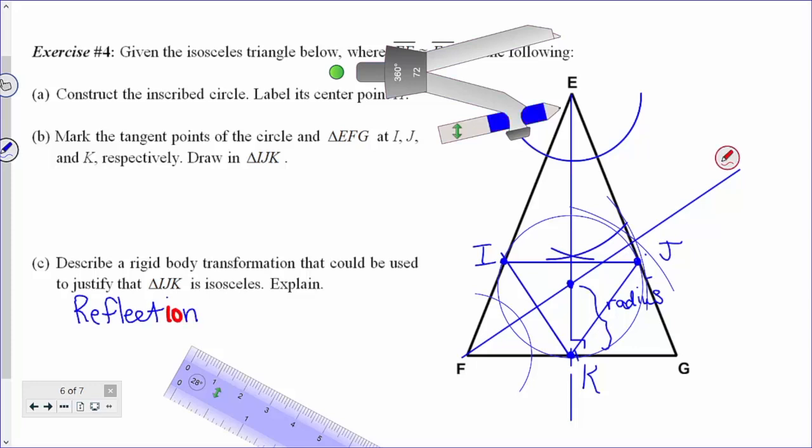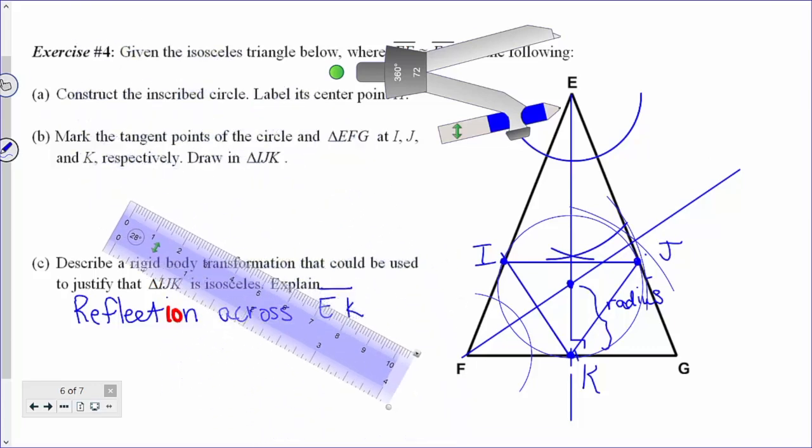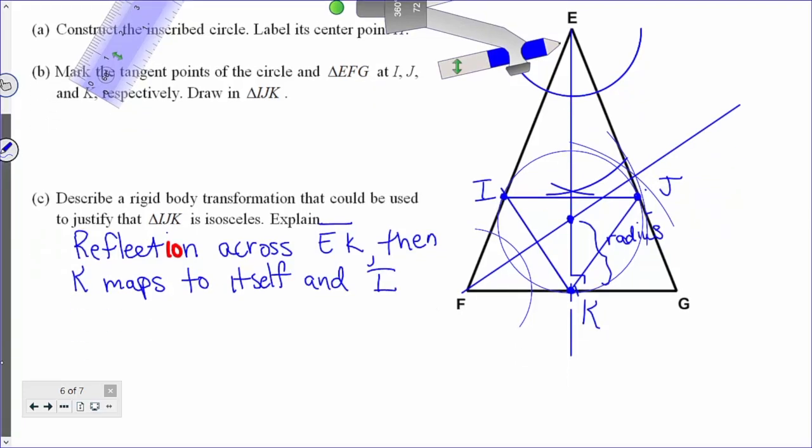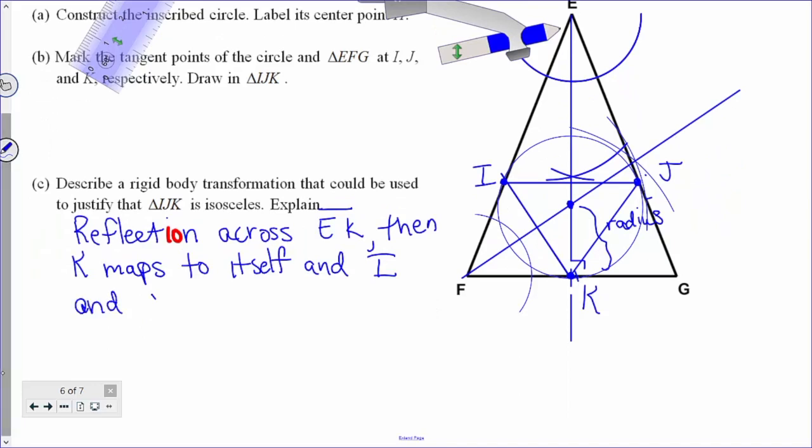A reflection across line EK, right? So if I reflected triangle AJK across line segment EK, and here comes the explanation part, then K maps to itself, and I and J map onto each other.